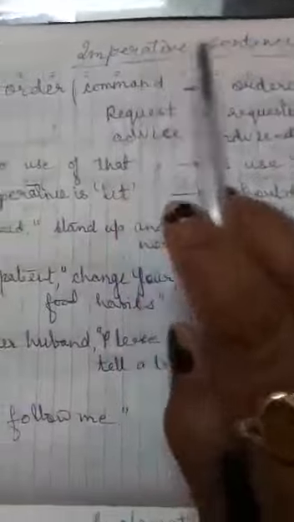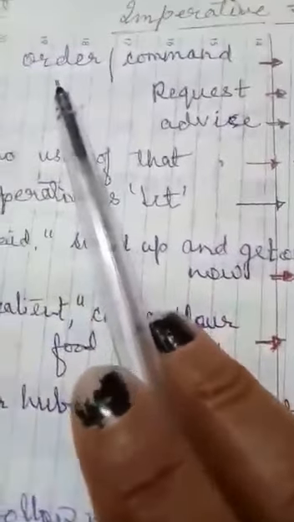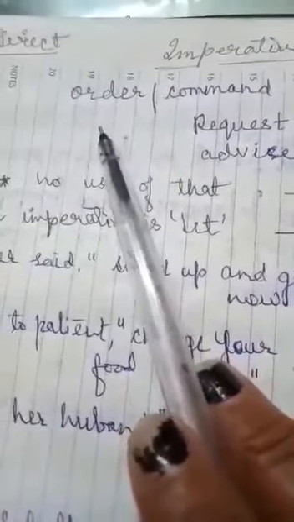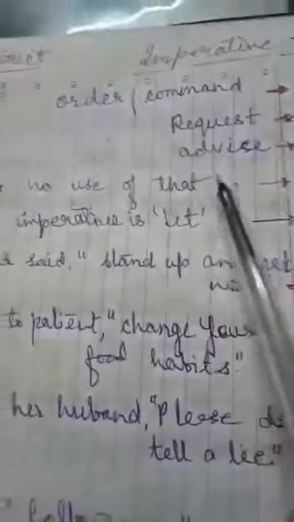Now children, let me proceed to the imperative sentence. Okay, what are the imperative sentences? I mean how to change the narration in the imperative sentence. I hope you all know imperative sentences are the sentences where we have order, command, request and advice.